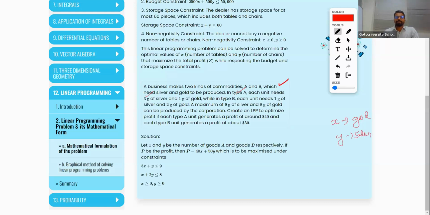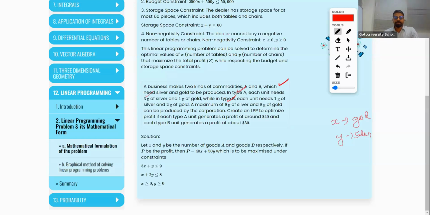Okay, so it says type A, each unit needs 3 gram of silver and 1 gram of gold. While in type B, each unit needs 1 gram of silver and 2 gram of gold. A maximum of 9 gram of silver and 8 gram of gold can be produced by the corporation.